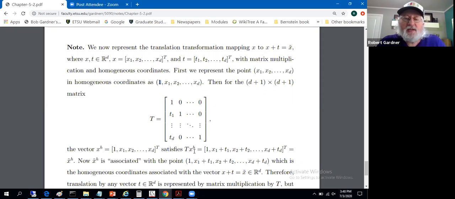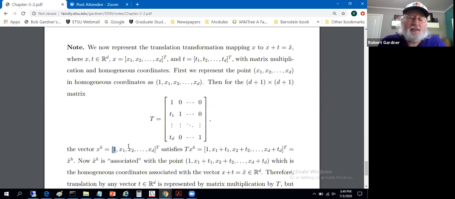Then if we take T and apply it to this column vector, we're going to get row times column. That 1 won't change anything. We get a 1 for the first entry. Second row, first column, that'll give us a t sub 1 plus x sub 1. So we pick up the x sub 1 here. The t sub 1 will hit the 1, producing a t sub 1 times 1.